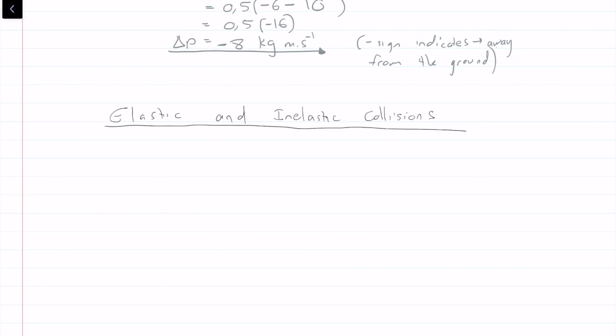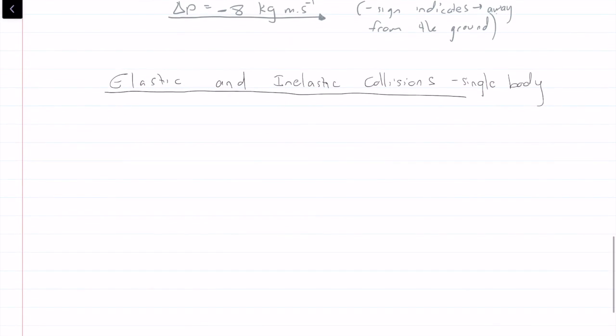Everyone knows what a collision is, 2 cars even, but right now we're focusing on single body collisions. So we only have one body, maybe going into a wall or something like that.